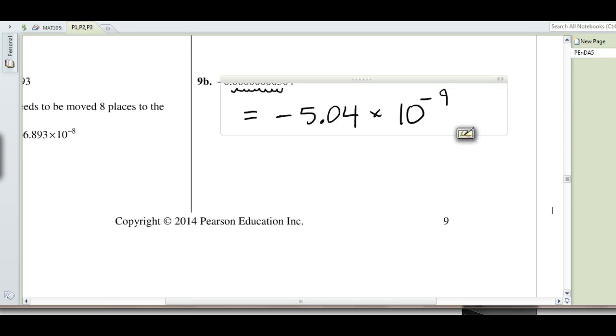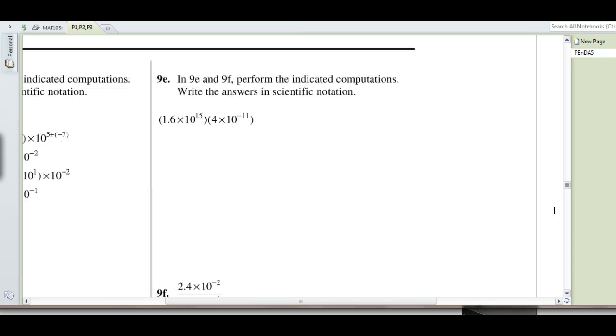Okay, let's continue. So the last two examples in this lecture actually involve the arithmetic operations. So this is going to work just like the exponent examples we did. Just put the regular numbers together. So everything's multiplied, so in this case we'll multiply 1.6 and 4, and then we'll bring the 10s all the way to the right, 10 to the 15th times 10 to the negative 11th.